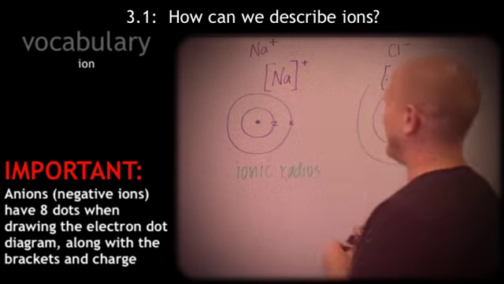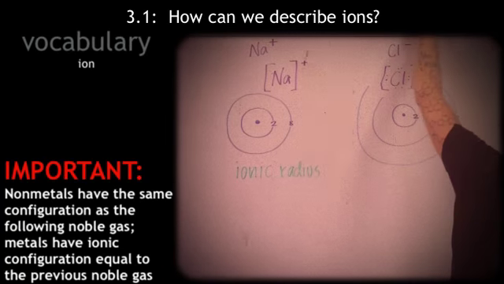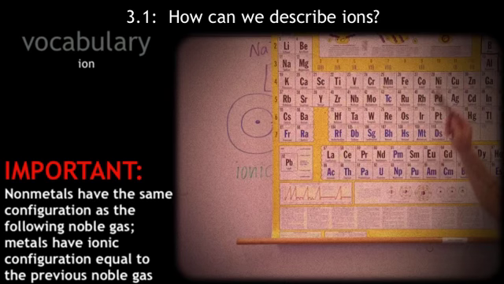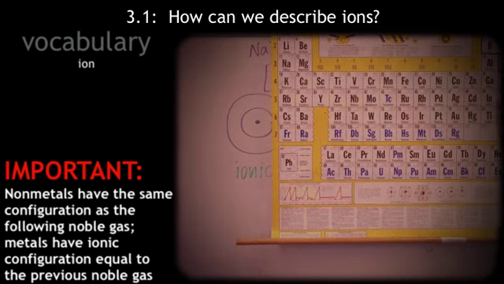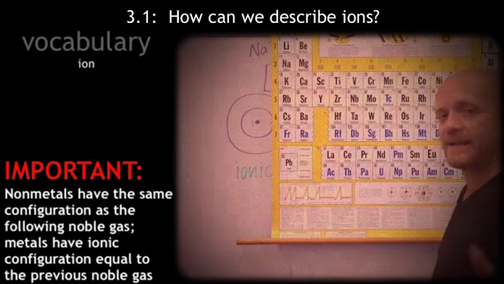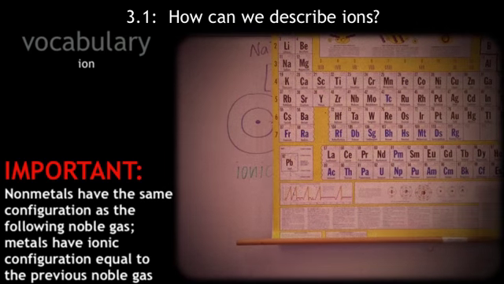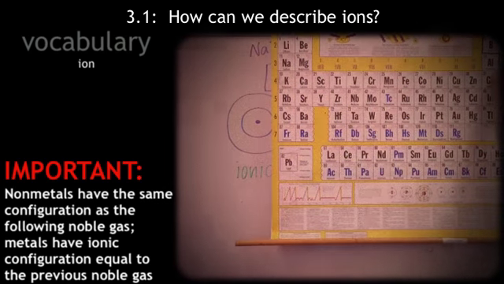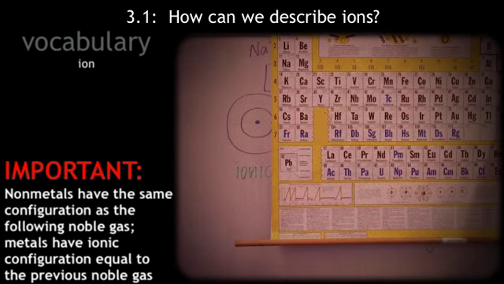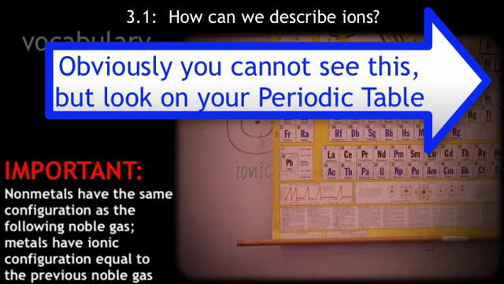One last thing, you're going to see a couple of questions like this. Any nonmetal that becomes a negative ion is going to have the same electron configuration as a noble gas. So phosphorus as an ion is going to have the same electron configuration as argon.